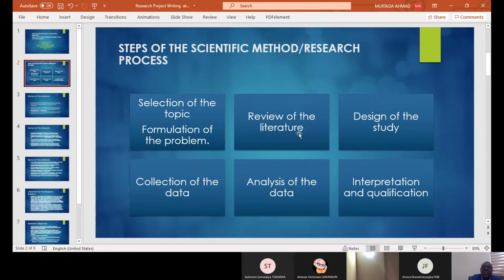How? Whenever we read the literature, we'll be able to locate a gap that is very important to fill. And that is what we call the problem. It's a problem because others have not talked about it, even though they have given background.